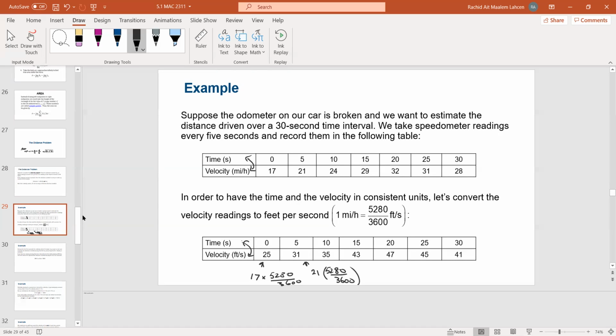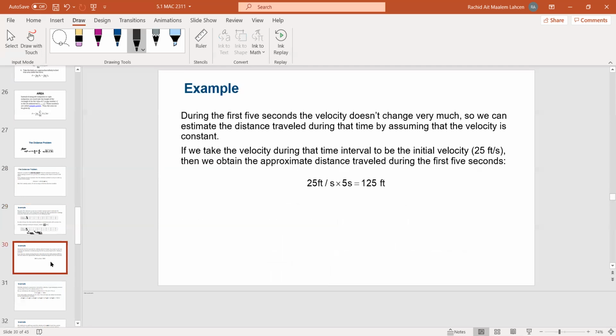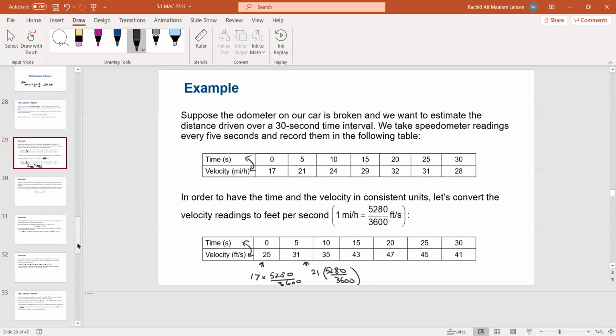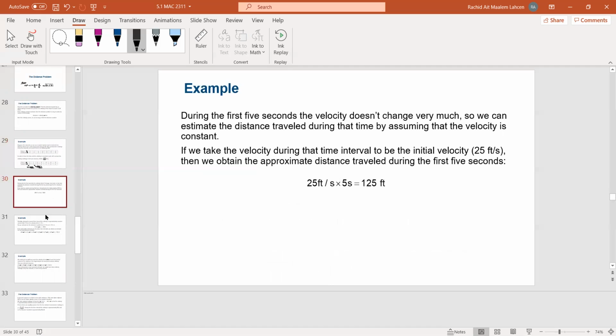So for this example, it looks like we have time from 0 to 5, and I will do one in the homework and explain it even better than how this one is done in the book, because here you're given a table, but they're not using the rectangles to show the area under the curve.